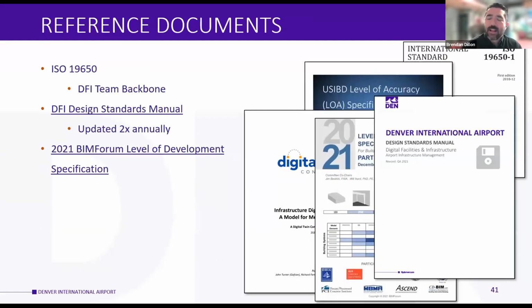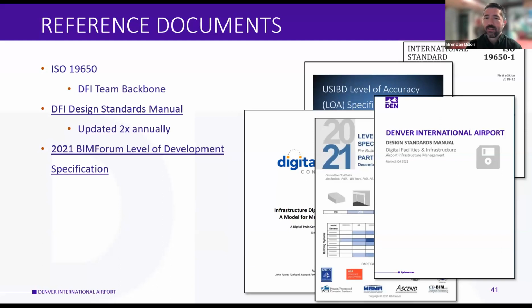Yes, thank you. Our principal standards come from our DFI design standards manual. We have design standards for pretty much everything that gets done at Denver Airport, whether that's the architectural discipline, civil work, mechanical, plumbing, signage. In our case, the design standards manual is defining exactly what information we need, what format we need it in, when we need it delivered, who needs to deliver it, how they need to deliver it, and so on.